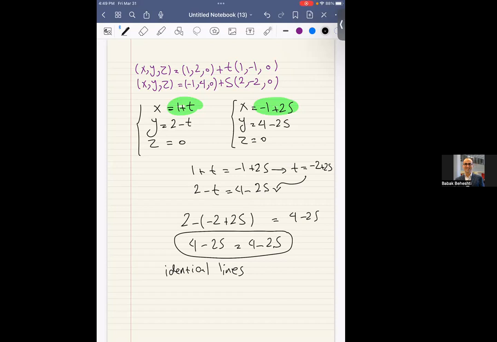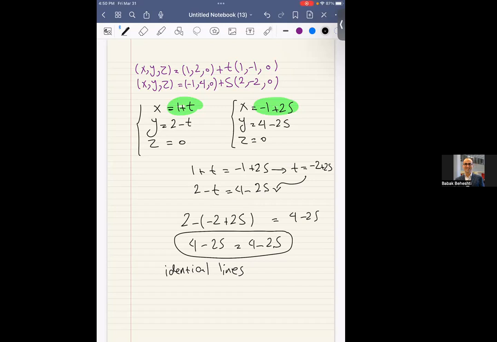So in general, if you want to see if two lines intersect or are parallel, you have to write the parametric equation of each of them, like what I did, and equate the x, y, z components. So in general, you have 3 equations with 2 variables, because s and t are the 2 variables.